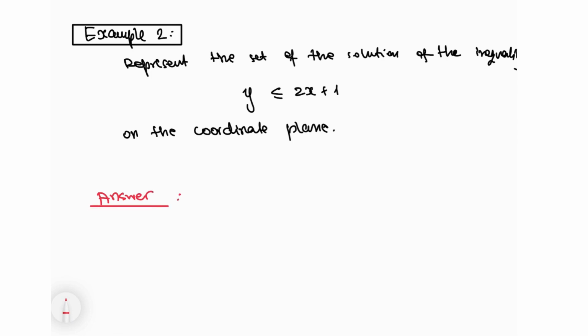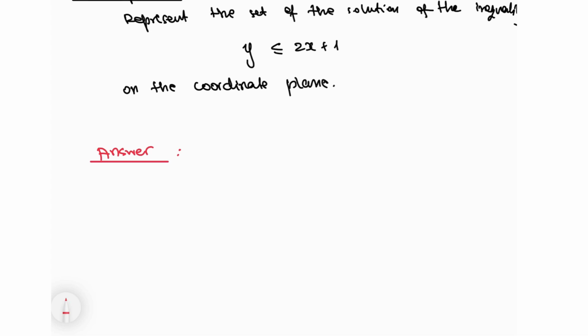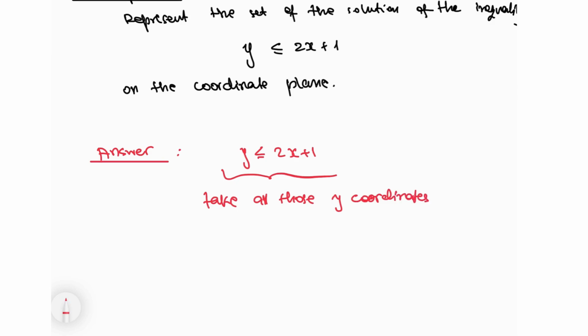So let us look at this inequality, and what does this say? Take all those y coordinates that are less than or equal to 2x plus 1.